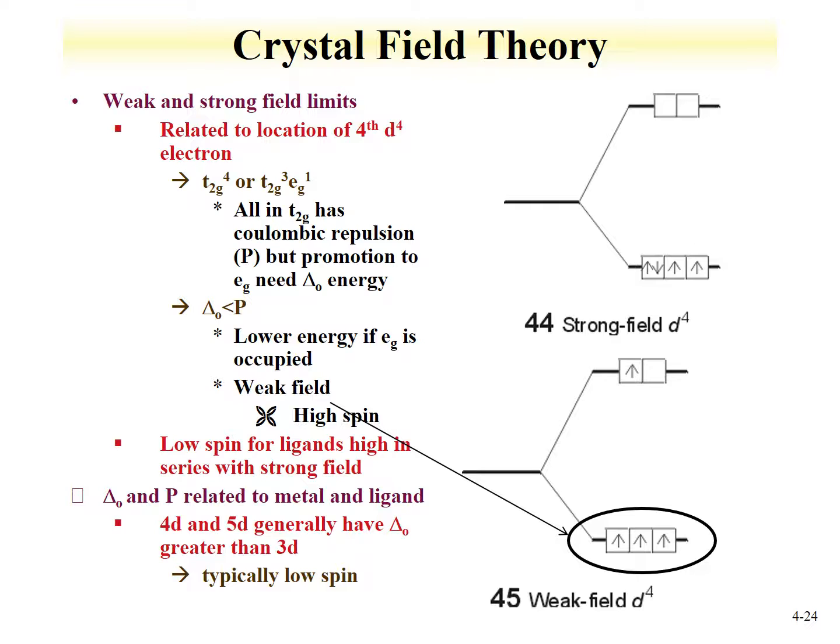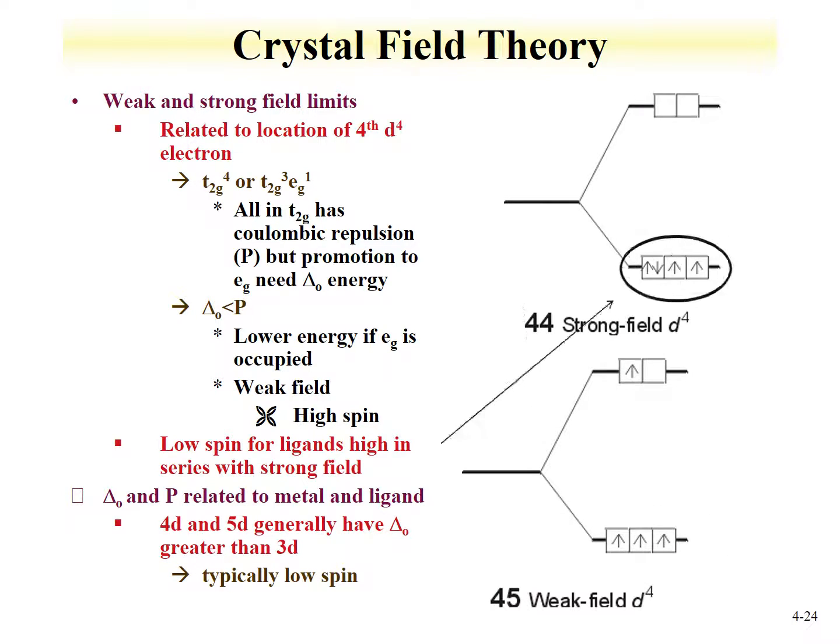So this is going to be a high spin. So the weak field is also called a high spin system. And why is it called high spin? Well, all these spins add up. They're all in the same direction, all parallel. So I have a higher spin on this complex. If it's a strong field, all that means is that the energy gap between the T2g and the eg is large enough, so I can't promote this unpaired electron to the eg.